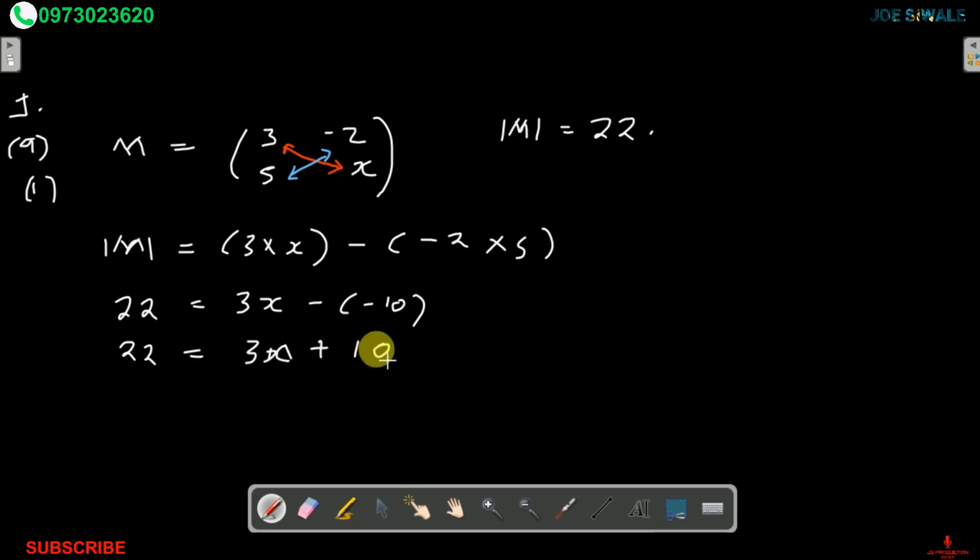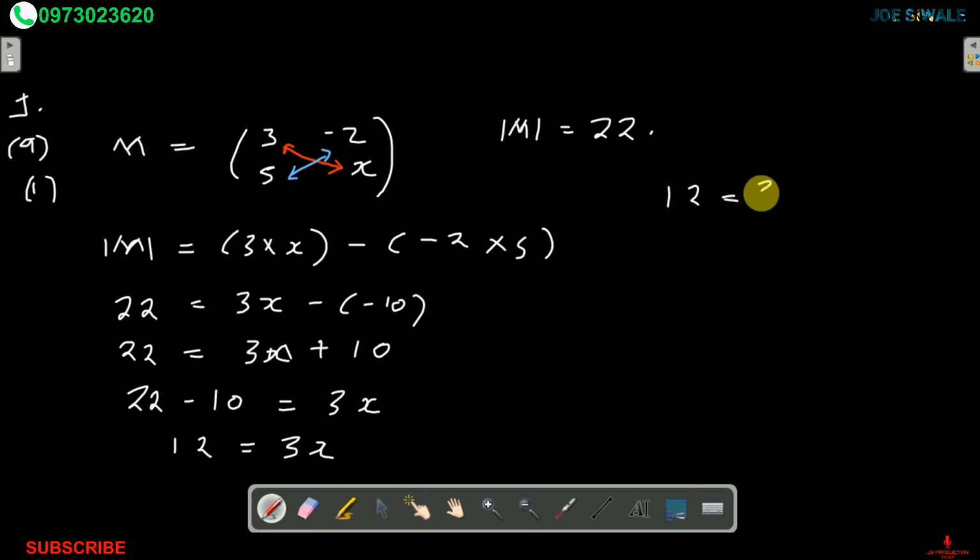And when we reach this stage, we can collect the like terms. So 10 is going to go to the other side of the equation, and when it goes to the other side of the equation, it's going to become a negative. So we're going to say 22 minus 10 is equal to 3x. 22 minus 10, that's 12, is equal to 3x.